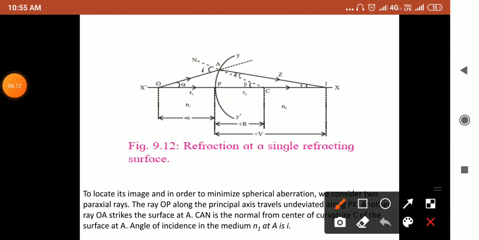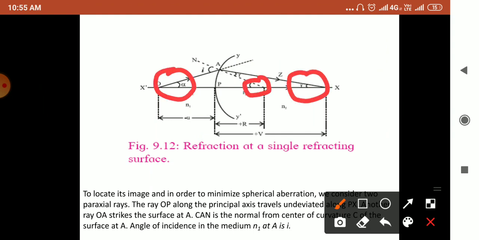Then there is the formation of different angles alpha, beta and gamma. These are the angles formed due to the incident ray, normal and refracted ray.